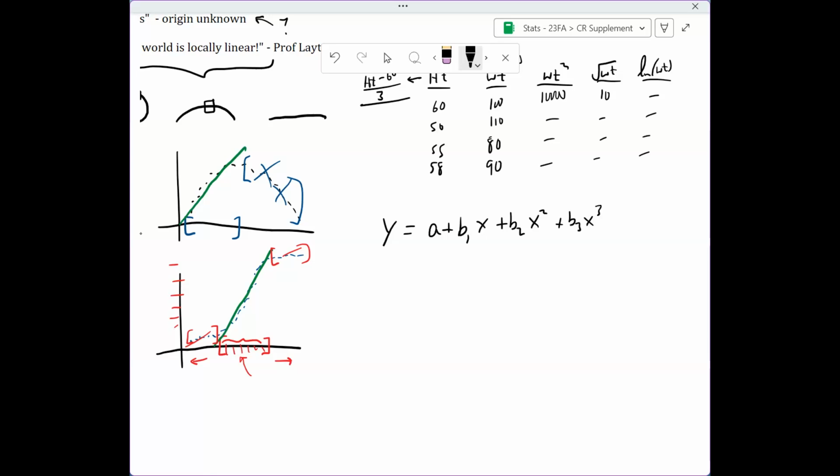And they might even have cross terms. They might even have plus B4XY or B5X squared Y cubed, right.